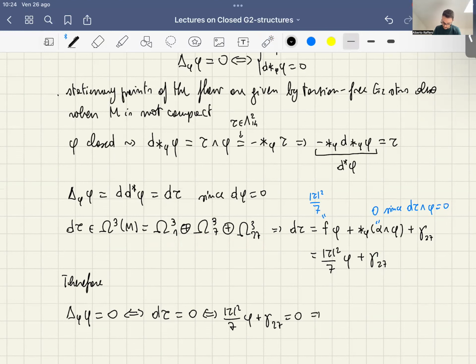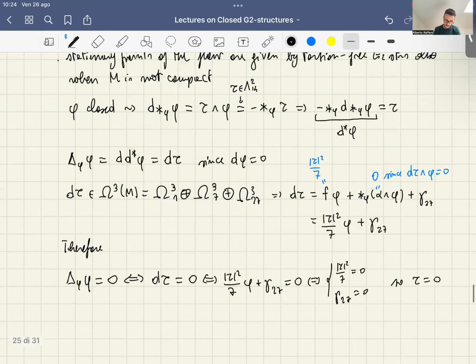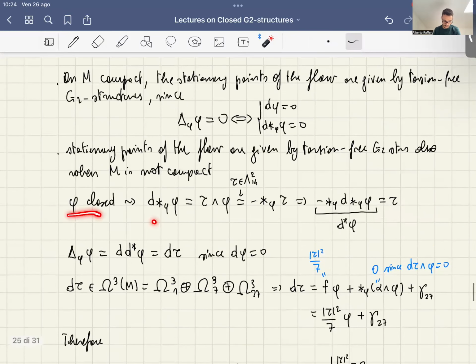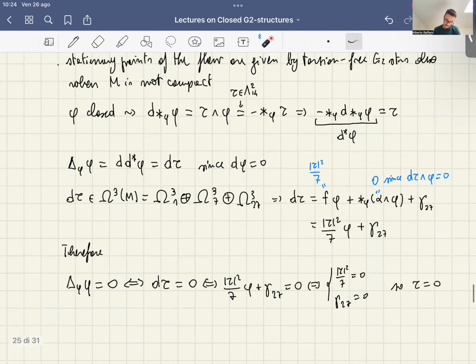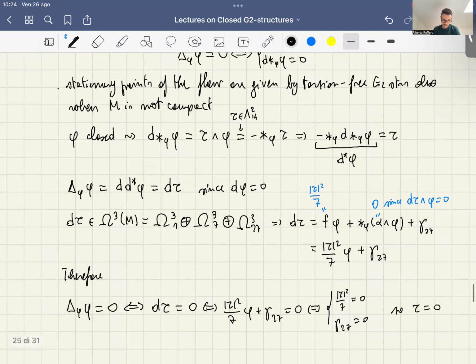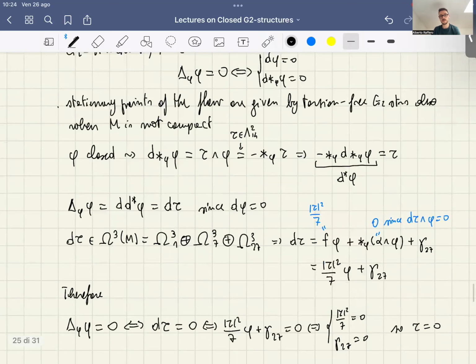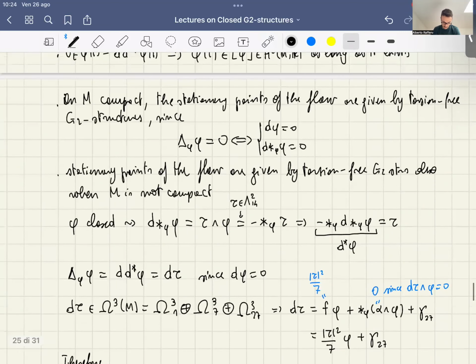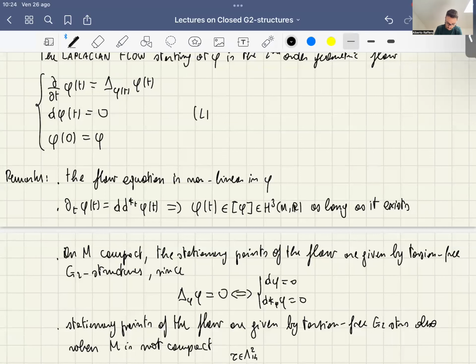And so this is equivalent to saying both that the squared norm of tau over 7 is 0 and that gamma 27 is 0. And so this tells you that tau has to be equal to 0. Namely, the 3-form is not only closed, but also co-closed. So this works for closed G2 structures also when you do not assume the manifold to be compact. So these are some first observations that you can make on the Laplacian flow. And maybe let me label it with LF if I will need to recall it later.